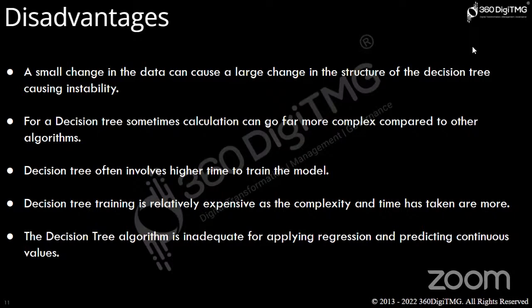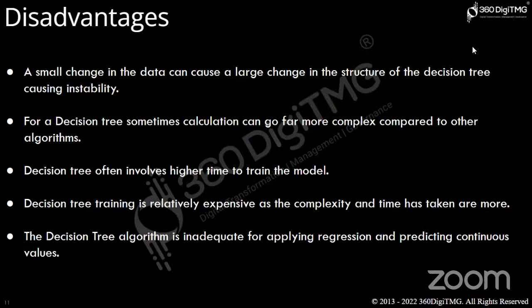In the case of a decision tree, it often involves higher time to train the model, and decision tree training is relatively expensive as the complexity and time taken are more. We are going to take all these values and we have to build it. The algorithm is also inadequate for applying regression and predicting continuous values.